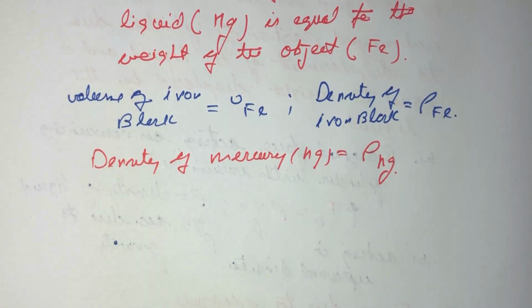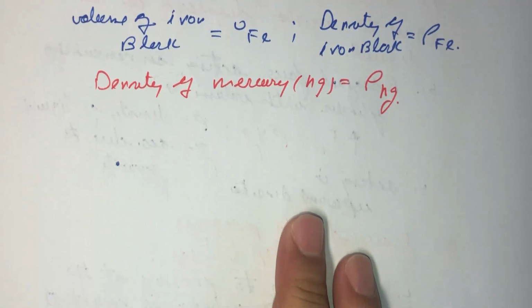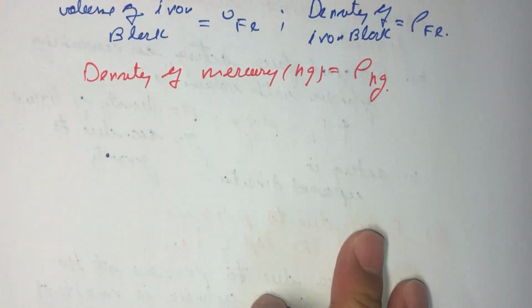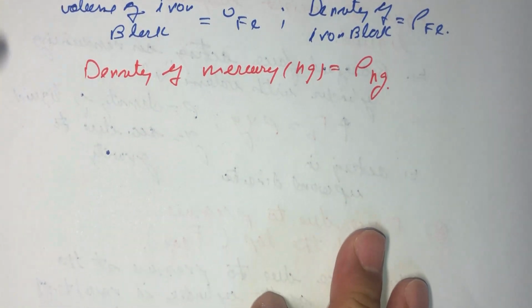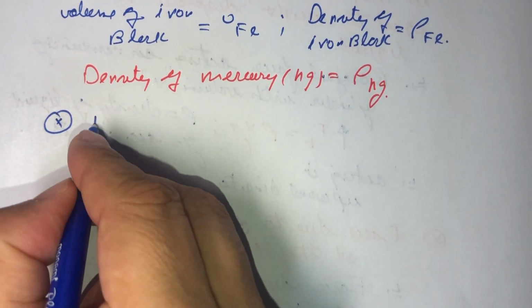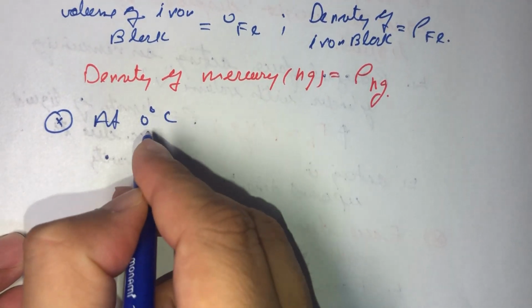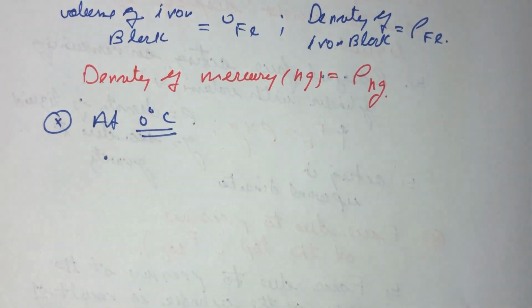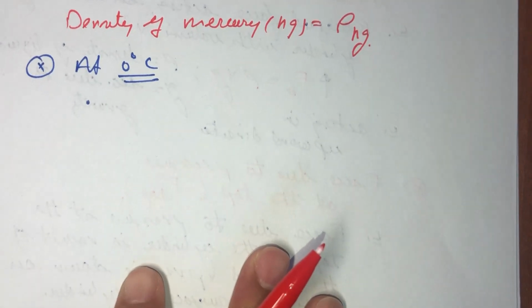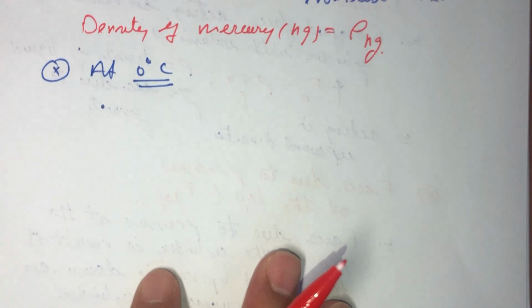So there are two temperatures, 0 degree and 60 degree. So let us first of all find out the fractional relationship of the volume submerged at 0 degree. So we can say at 0 degree centigrade, fraction is given as K1.